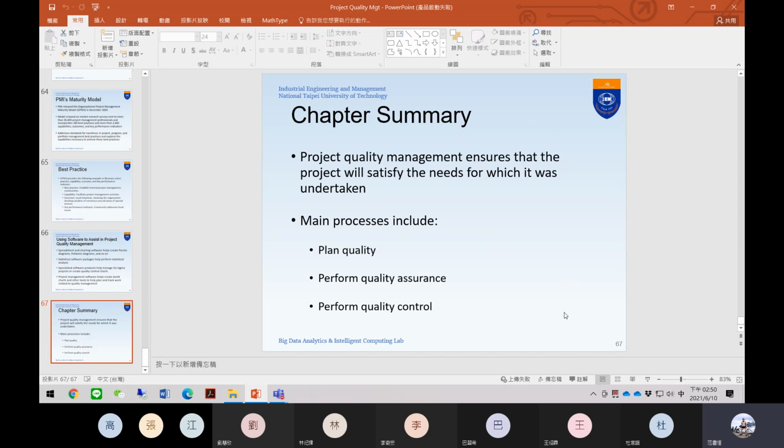The project quality manager ensures that the project satisfies the need for which it was undertaken. So the main processes are plan quality, perform quality assurance, and quality control. So you do the planning, do the QA, quality assurance, and do the QC.